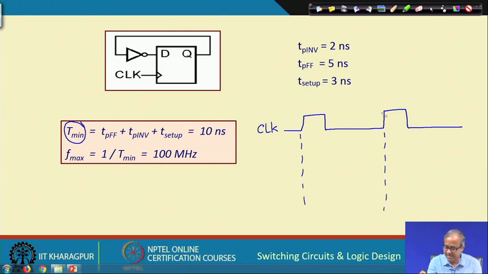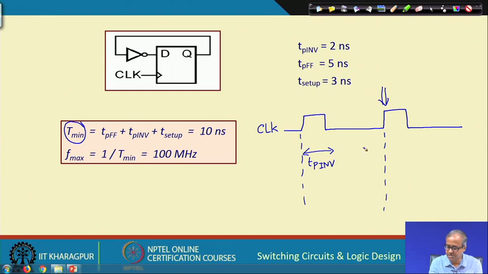If we look at the second edge, let us concentrate here. With respect to the first edge, when the first edge comes, after how much time will this D be generated? There will be a delay which will be equal to the delay of the inverter, the inverter delay, and after this delay is generated, you will have to hold this before the clock pulse also.